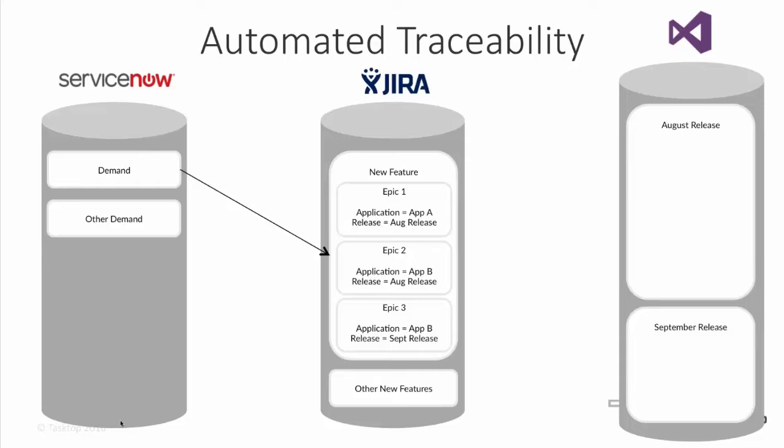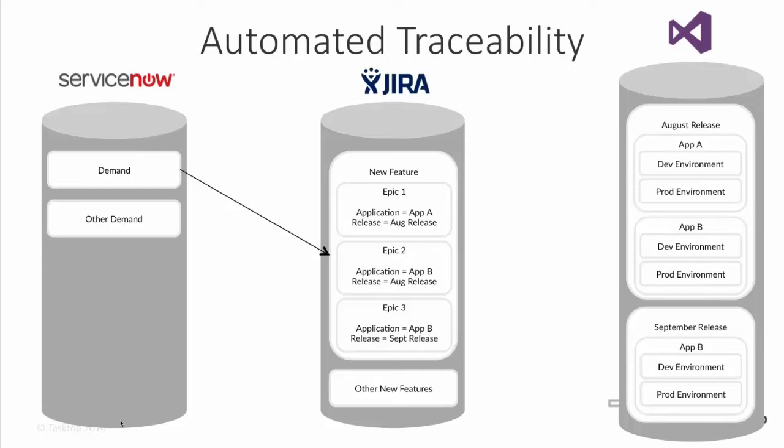So within that release management and deployment management tool, we've got our releases. Each release has multiple applications or a single application that could be associated with it. And then there are multiple environments that we're going to be deploying this code to.